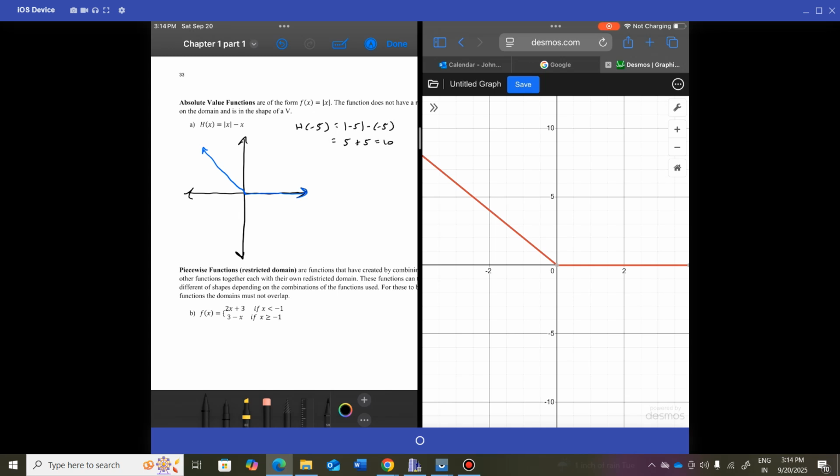So it's actually increasing that line on the negative side. Domain is all real numbers. Range is 0 to infinity.